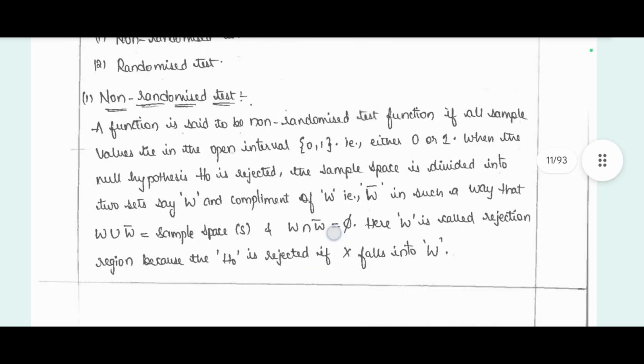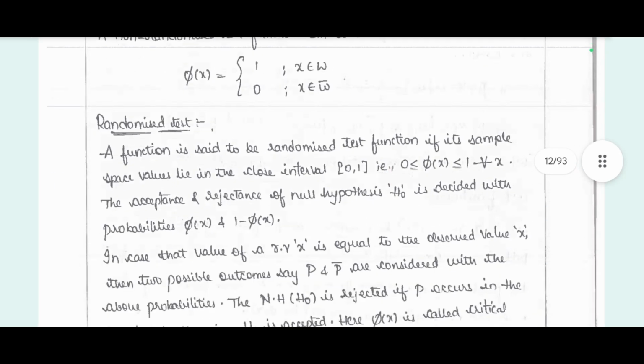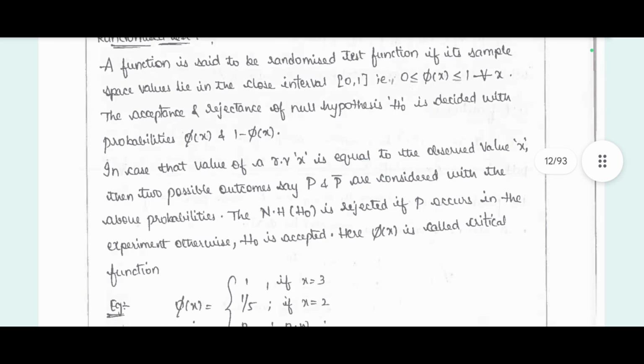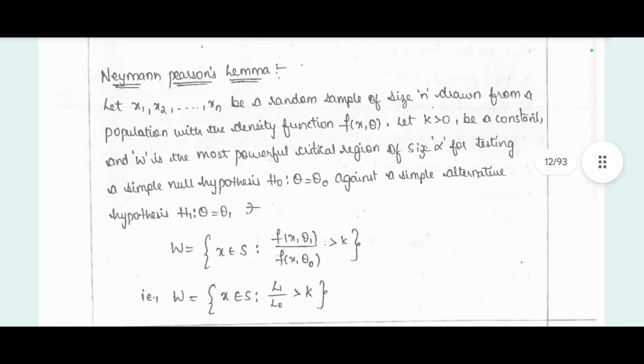Coming to the other definition, the randomized test is one where there exists a distributional functionality and limits, and then it is said to be the randomized function. You can see the definition.